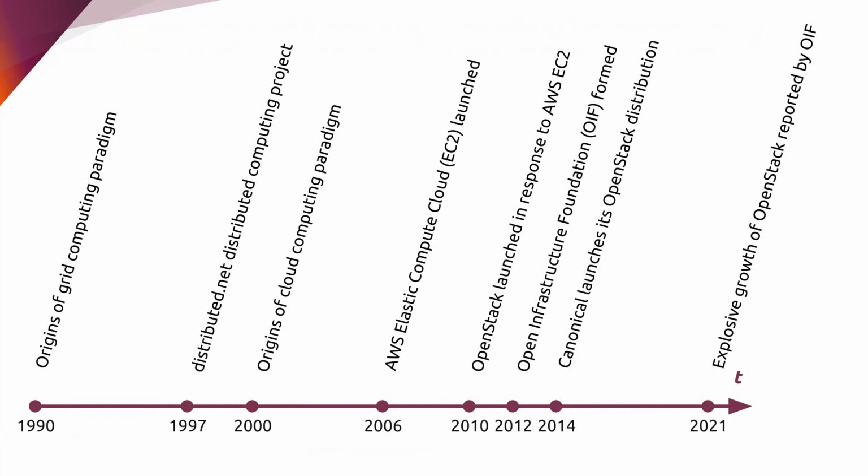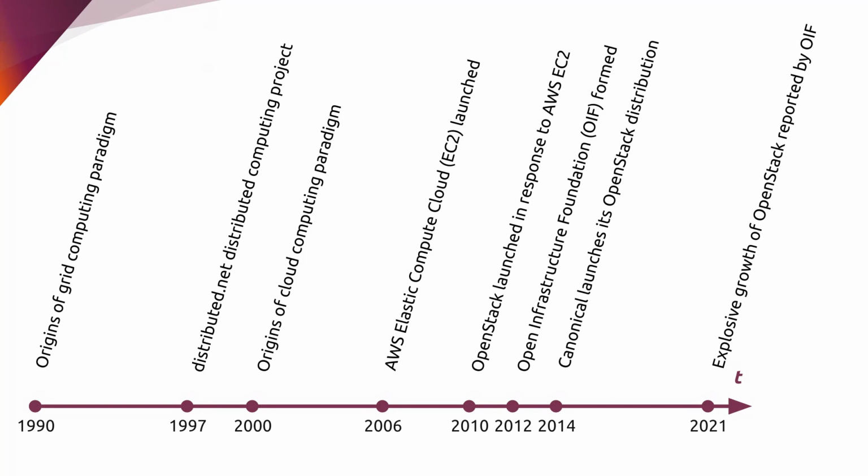In around 2000, the cloud computing paradigm started getting momentum, and people started formalizing how cloud computing is going to look like, and it evolved from grid computing, but introduced a lot of different terms and principles around the cloud computing architecture.